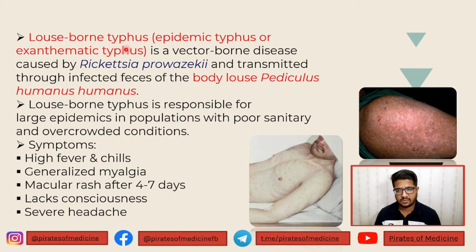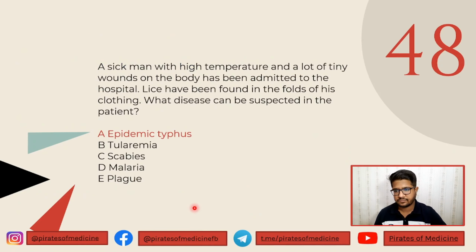Symptoms are generalized myalgia, macular rash, which you can see in this patient, high fevers and chills, lack of consciousness, severe headache. So epidemic typhus is the answer.